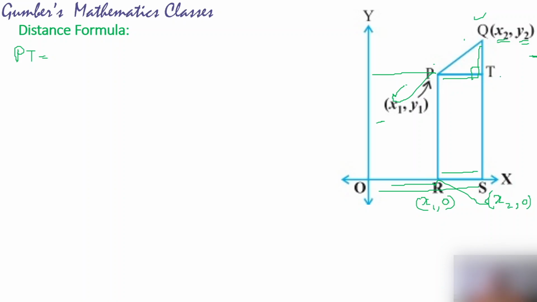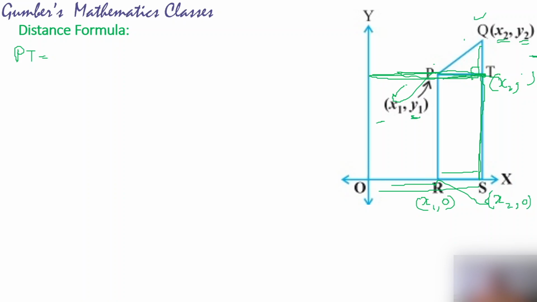Now what are the coordinates of point T? This point is x2 units away from the y-axis, and its height from the x-axis is y1.